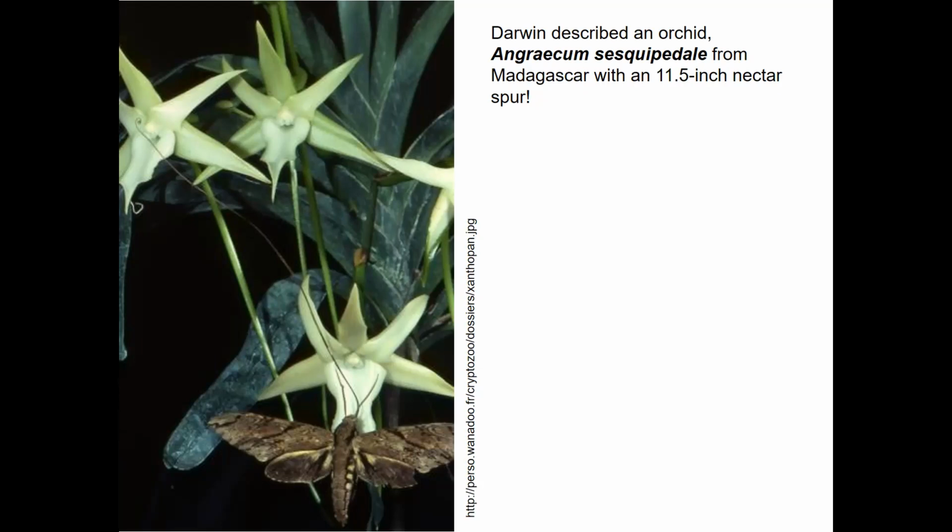He found an orchid which has an 11.5 inches nectar spur. That means if an insect needs to get the nectar, then the insect needs to have mouth parts 11.5 inches long, straw-like, for example, a butterfly.